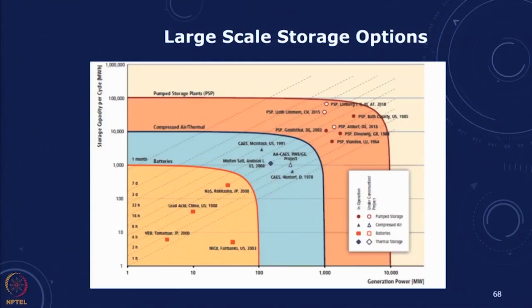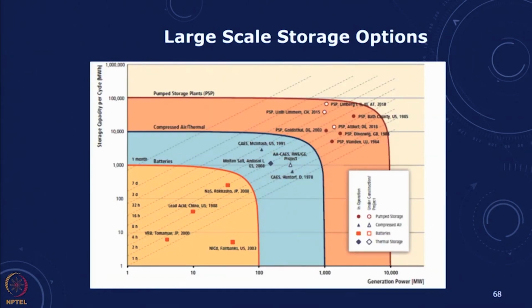There are many different storage options, and this is of course another topic, but you can look at the economics of different kinds of storage. It could be large scale storage, it could be distributed storage.